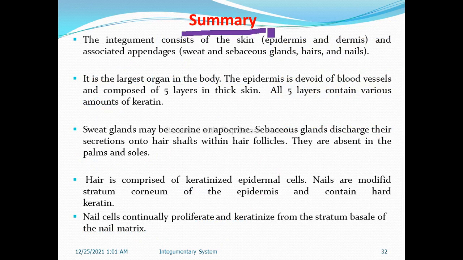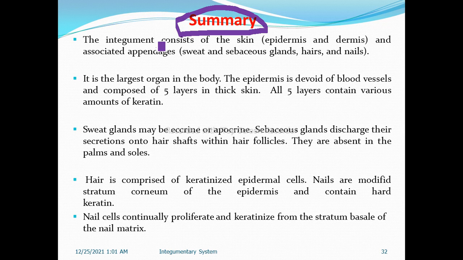So now we are summarizing our PowerPoint. The integument consists of the skin and associated appendages in the body. When we say appendages, they are sweat glands, sebaceous glands, hairs, and nails. The skin consists of the epidermis and dermis.